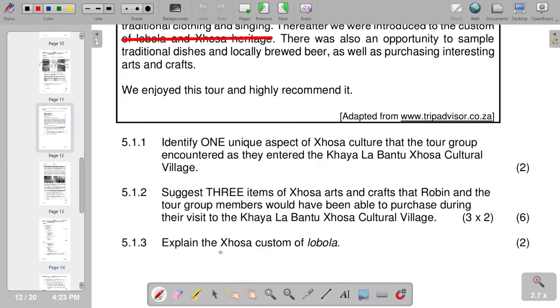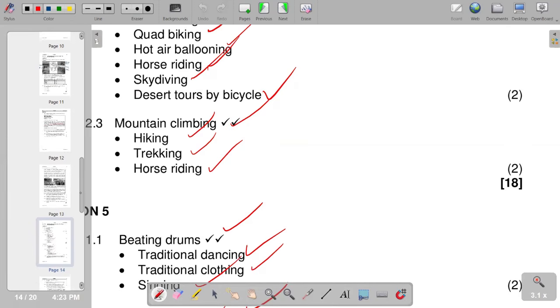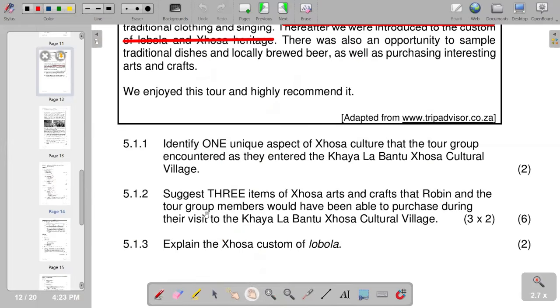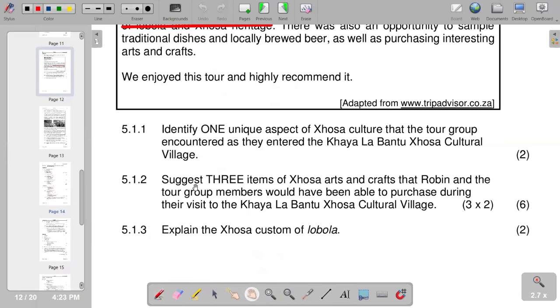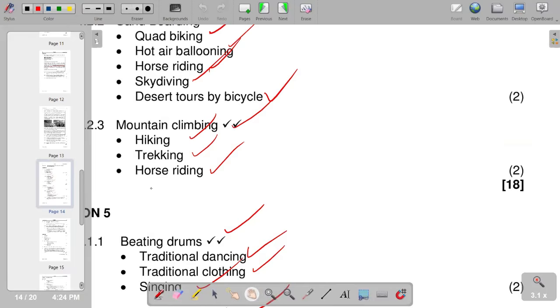Then explain the Xhosa custom of Lobola. So we check in terms of our question, which is 5.1.3.